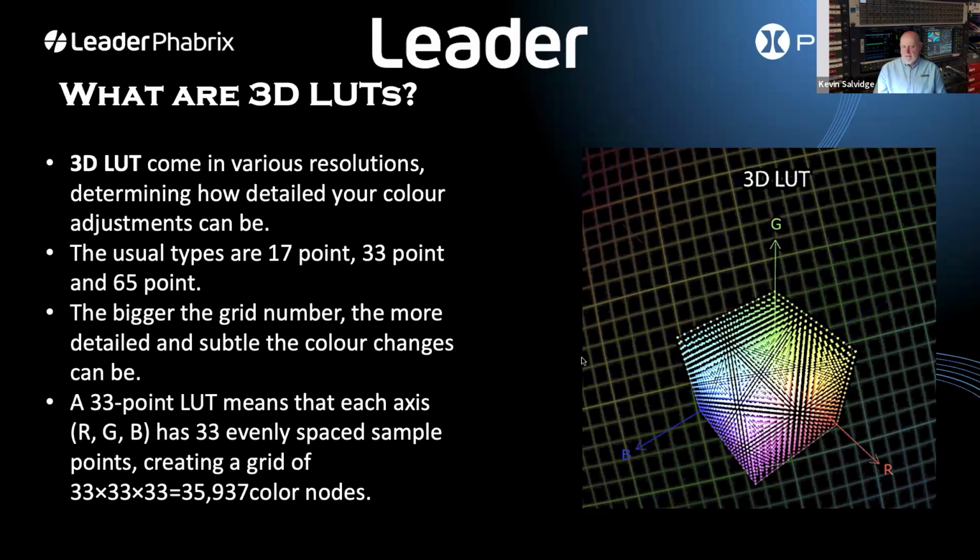We're seeing a 33 point LUT used within the broadcast industry for live production, high-end television production. And as you can see here, that's going to create nearly 36,000 color nodes. Yeah, and it works really well with 10-bit RGB SDI.